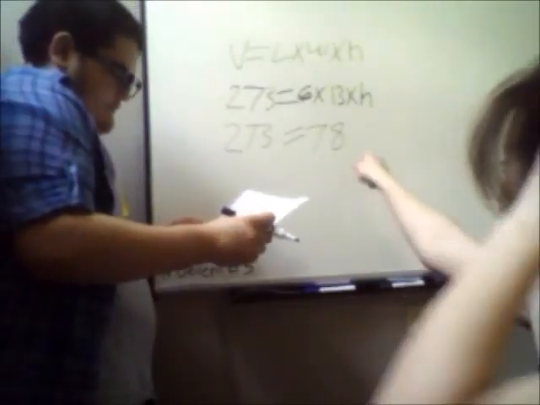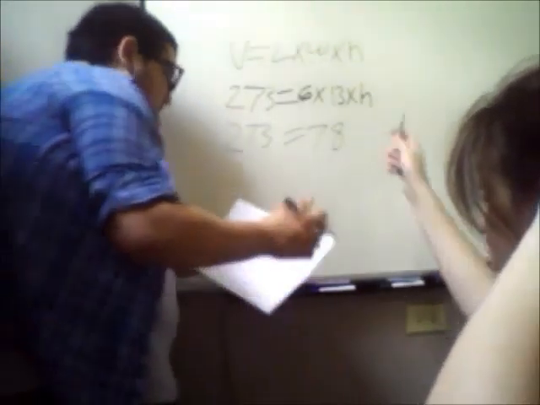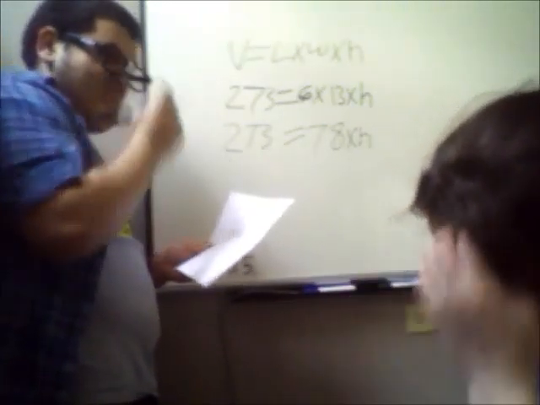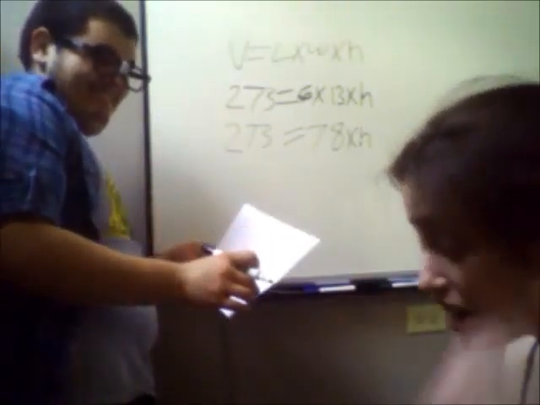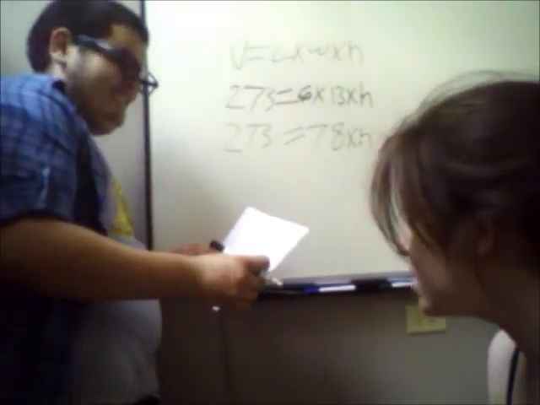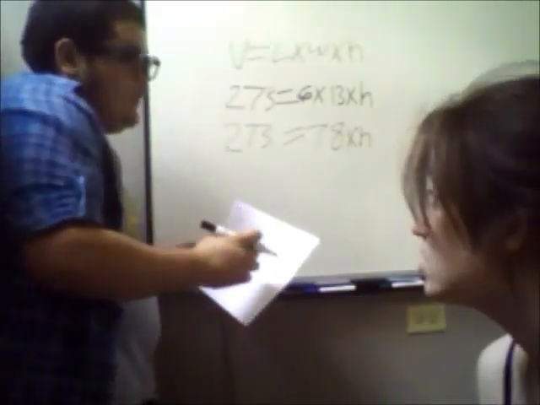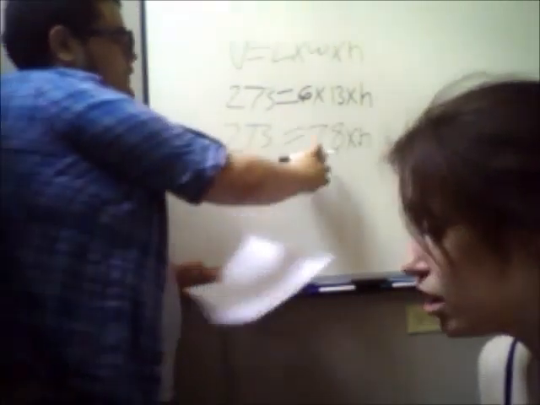So we bring down the 273. But you forgot the H. Yes, I did. Times H. Do you know what we do next? Do we add 78 to both sides? We don't add. How about subtract? No, we don't do either of those. We are multiplying.